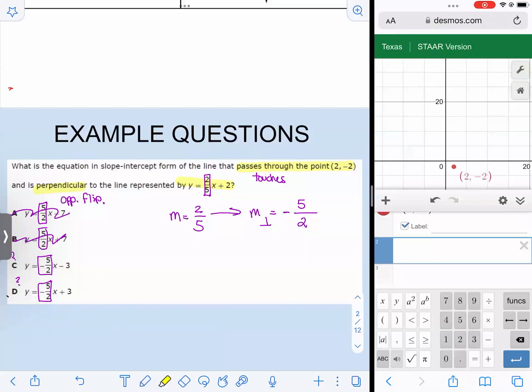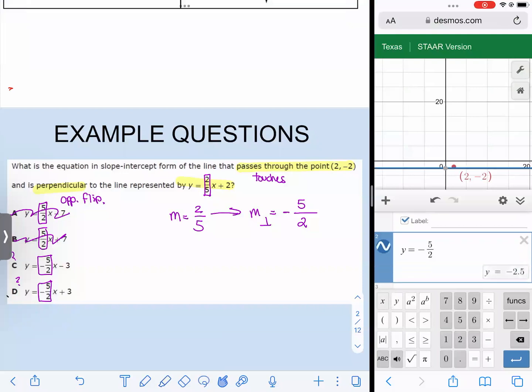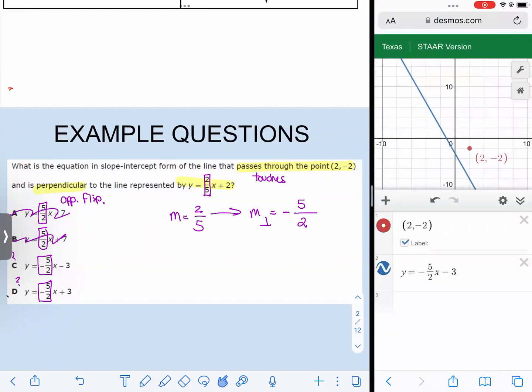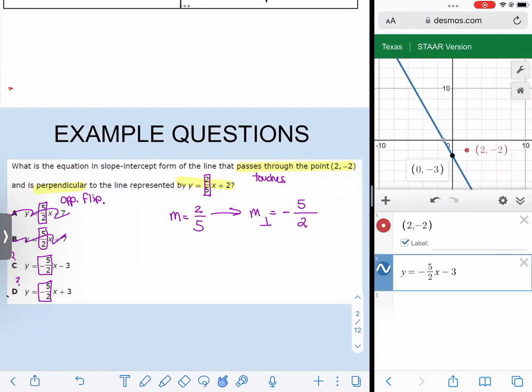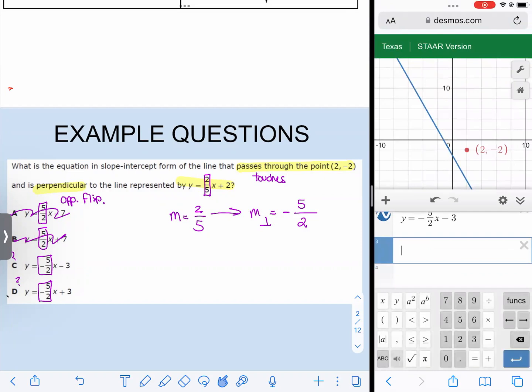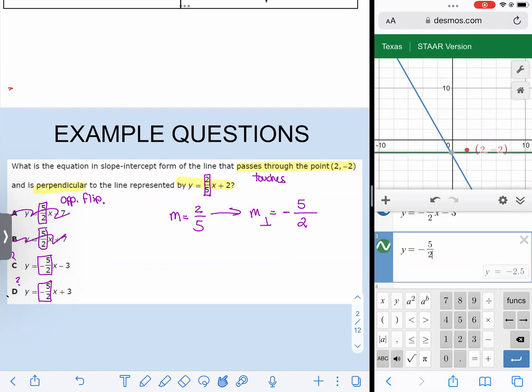I'm then going to graph answer choice C, y equals -5/2 times (x minus 3). I'm looking at this line and seeing it does not touch the point (2, -2). Let's graph answer choice D and see what happens: y equals -5/2 x plus 3.